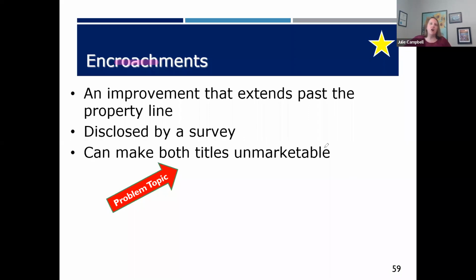The only thing you know by looking at a fence is that somebody put a fence there. Do you know if it's an encroachment? Do you know if it's on the property line? You have no idea. Oh wow, somebody put a fence there. The only way for buyers to identify encroachments is to have a survey done. We will talk about surveys. We will talk about the buyer's process of buying.